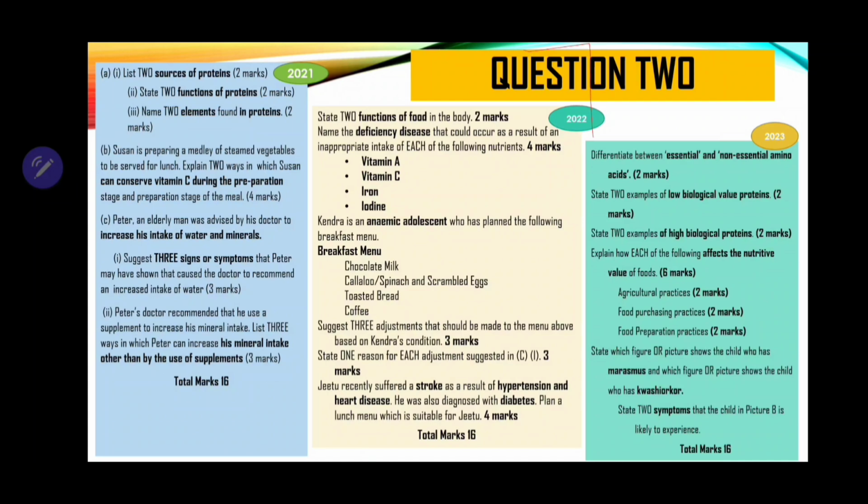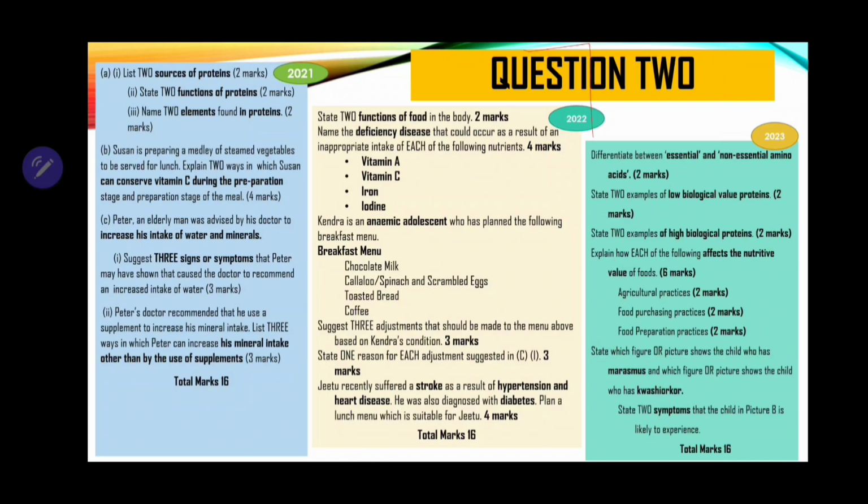So we know that marasmus and kwashiorkor are signs of the deficiency of protein, right? Protein energy malnutrition, PEM. And you must know the follow-up question asks for symptoms. So you must know the symptoms of the child who may have kwashiorkor, or the child who may have marasmus, right?